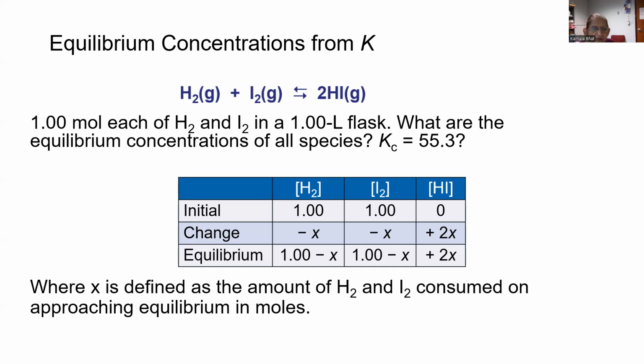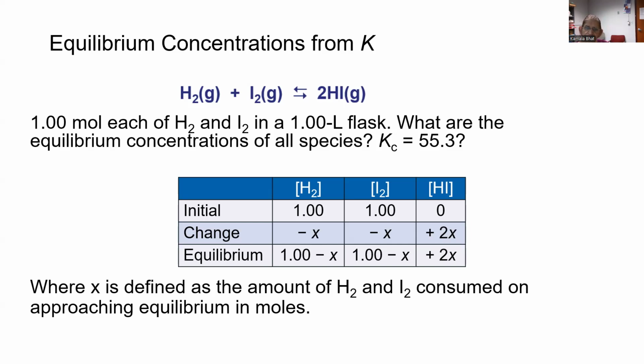Looking at this particular reaction, we see that the initial concentration of H2 is 1 and I2 is 1 and the product is 0. One thing I want to let you know is always look at the volume of the flask. In this case, it's a 1 liter flask, and so 1 mole divided by 1 liter, the molarity or the concentration, remains the same.